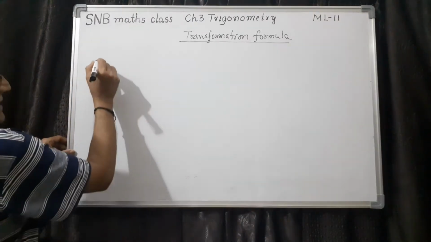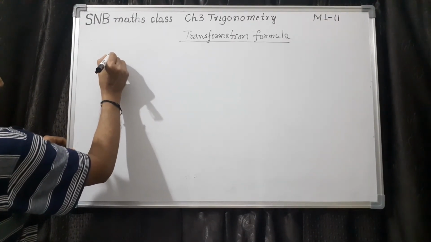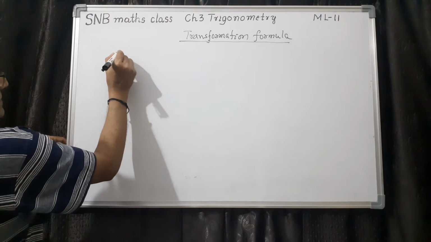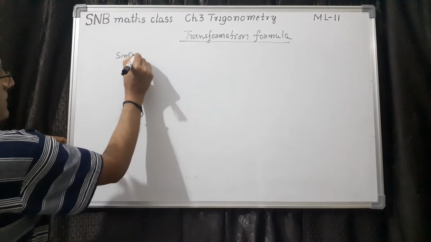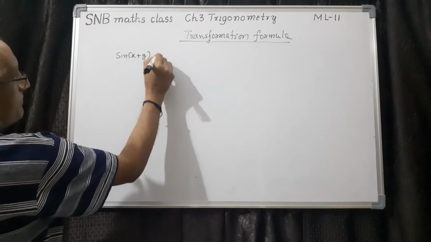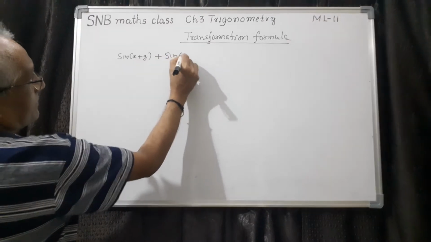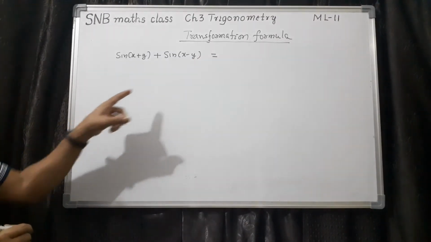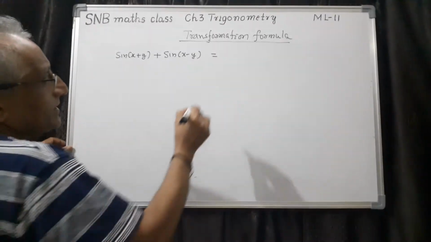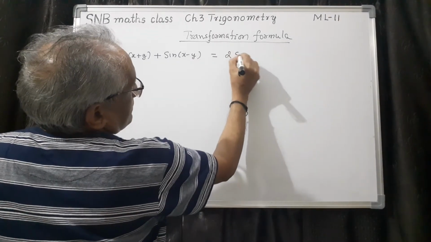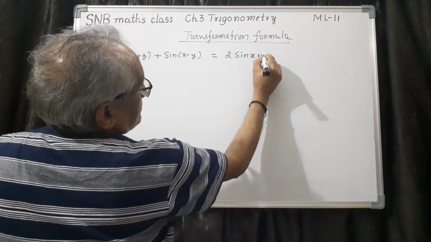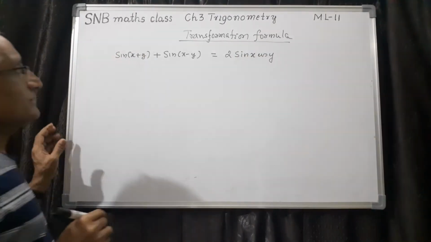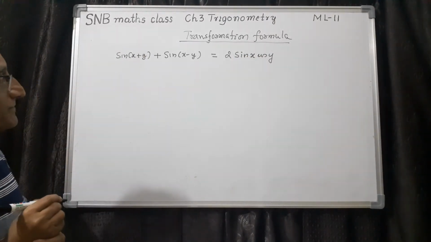Let me take sine first. We know this one: sine of x plus y plus sine of x minus y. When you add them, you get 2 sin x cos y. This is the first thing.